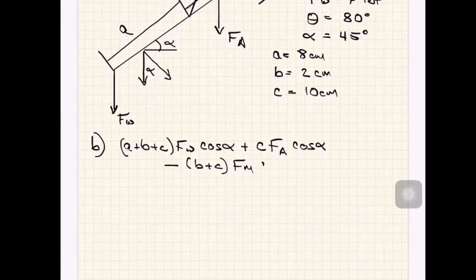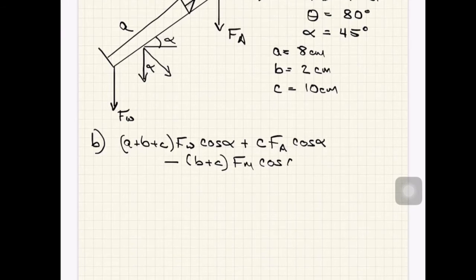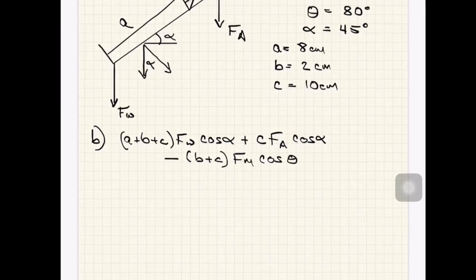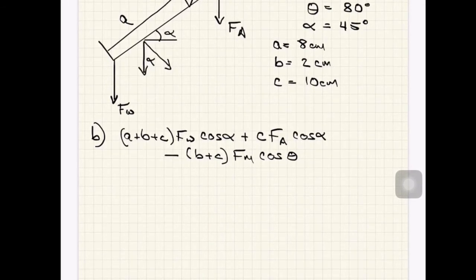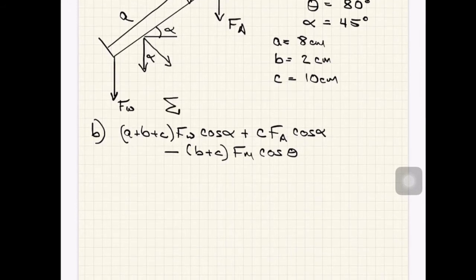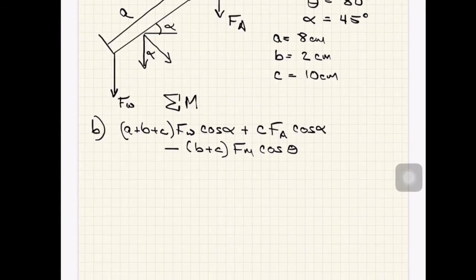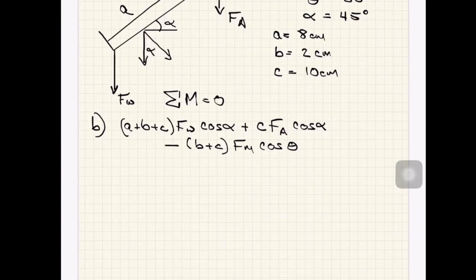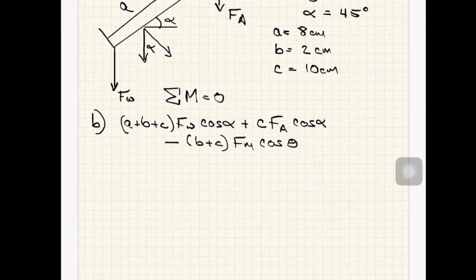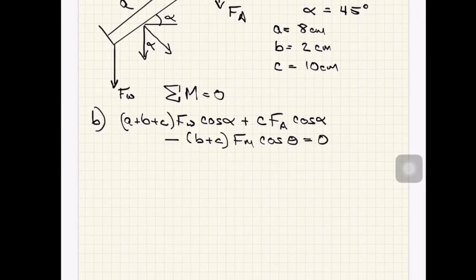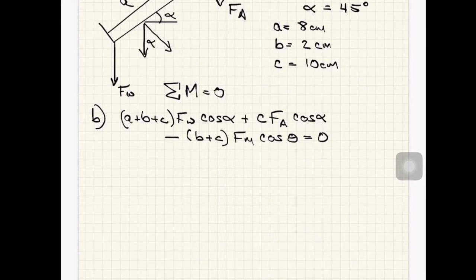And so we can write down cos theta for that. So that's the sum of the moments. I should have written that to start with. What we're doing here is applying the equation that the sum of all the moments is going to be 0. And this is the application of that equation for this particular case. So we're going to say that's equal to 0.